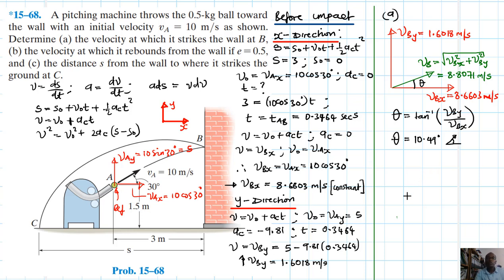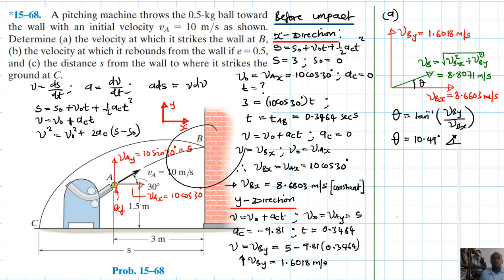Okay, so now we need to move to B, and in B we are dealing with velocity after it rebounds from the wall. So we've been given the bouncing coefficient, or coefficient of restitution, right? So let's go to the next page.